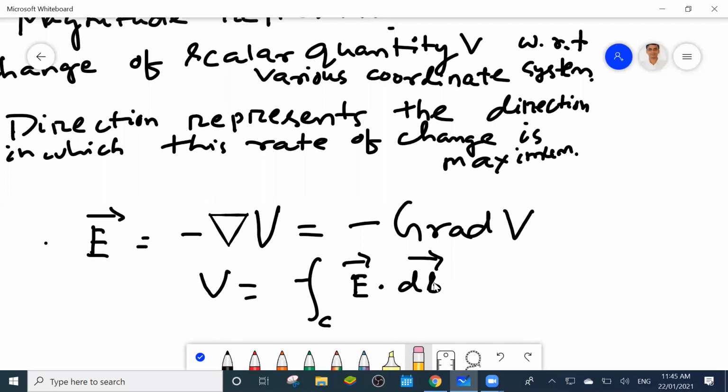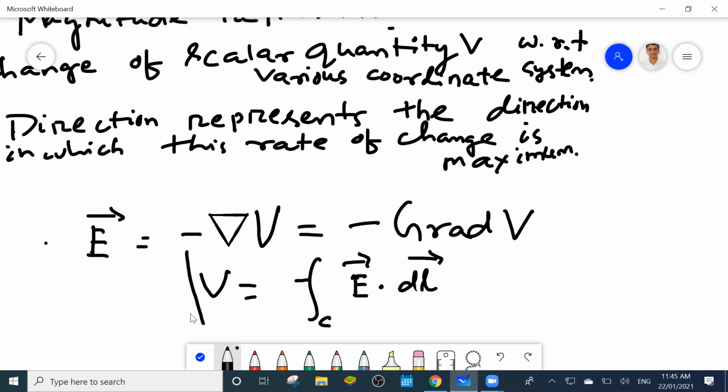So these things we will discuss and derive. V equals minus line integral E dot dl. dl is the elemental length in vector notation, and whatever electric field expression is given, you have to put it in and find the dot product.